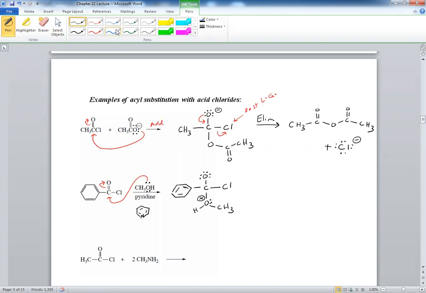So again, you ask yourself, what's a better leaving group, the Cl or the OCH3? Of course, Cl is the best leaving group. So the molecule is smart enough to say, yep, the Cl is out, not the OCH3.